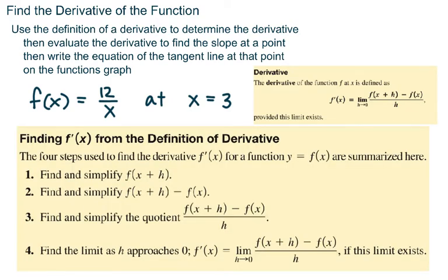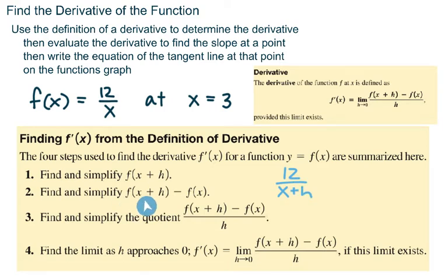So we're going to do this in parts, and we've got the steps for finding the derivative. The first thing we'll need to do is calculate and simplify f of x plus h, which is pretty easy for us to see. If we plug in x plus h for x, we're going to end up with 12 over x plus h.